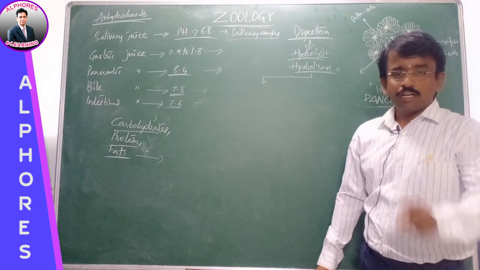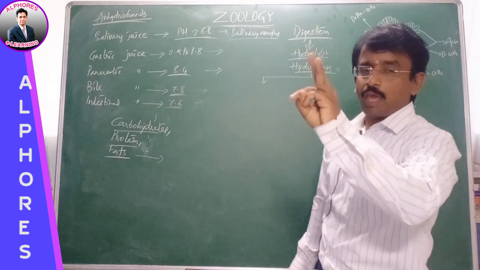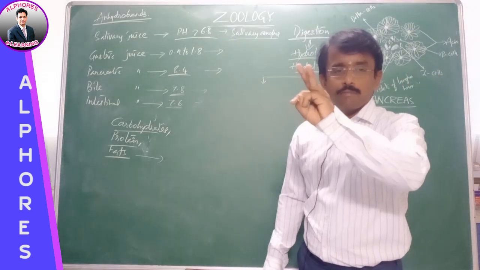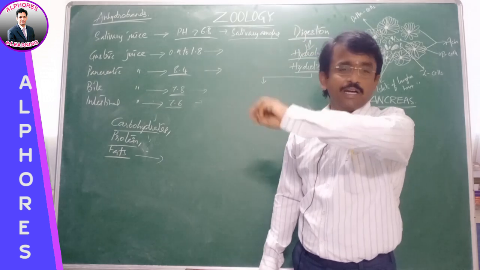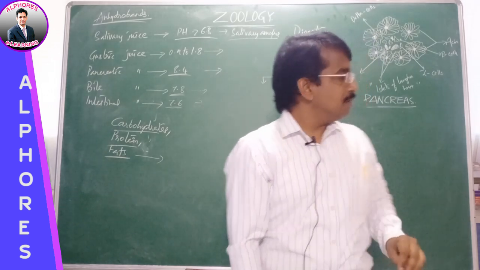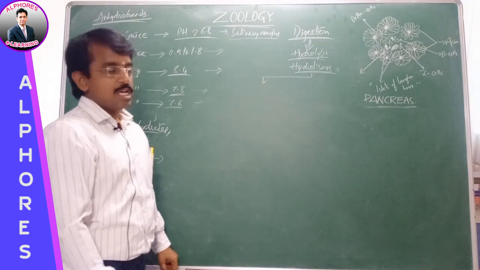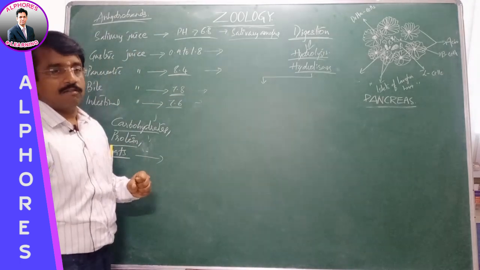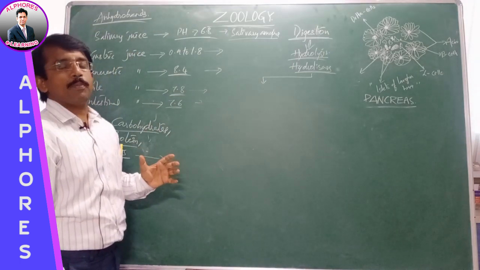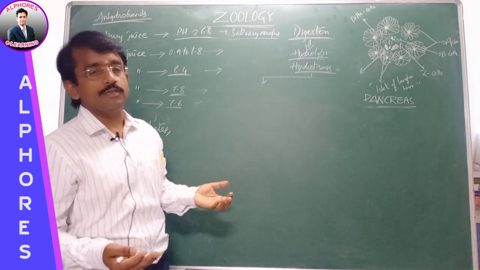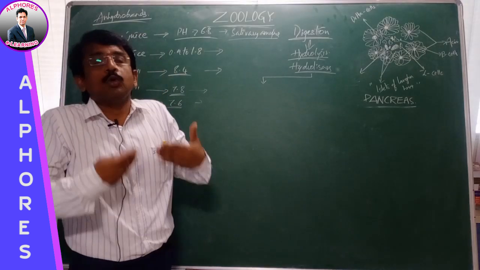Digestion is of three types: chemical, by enzymes; mechanical, by teeth and muscles; and microbial digestion. In this connection, first of all, the digestion process involves swallowing, deglutition.